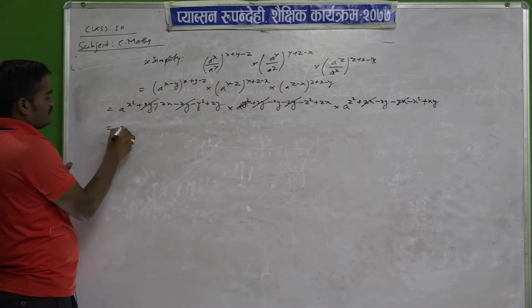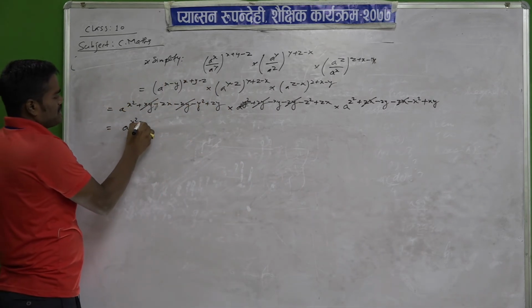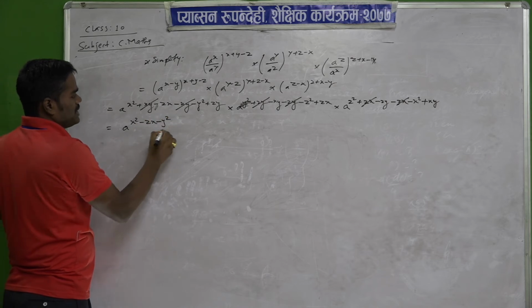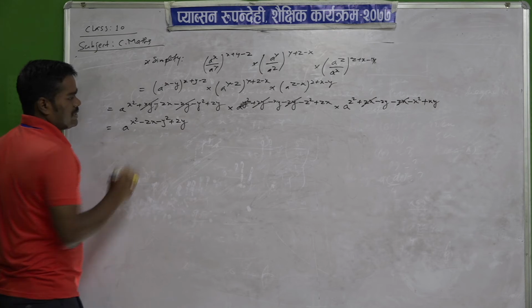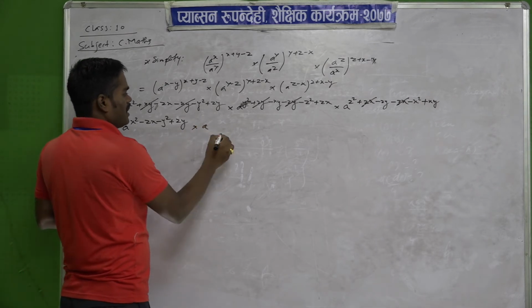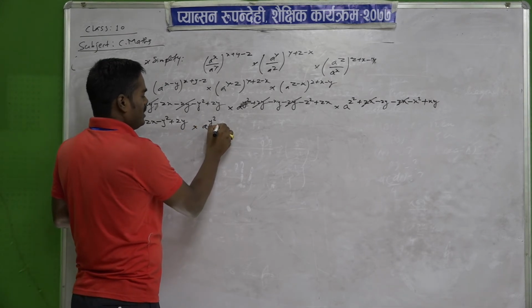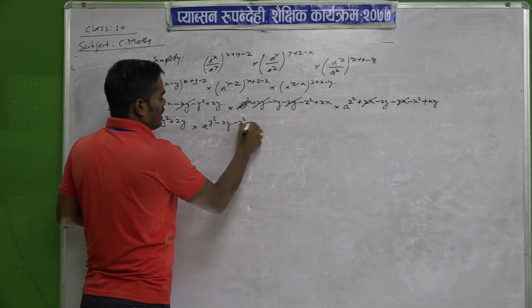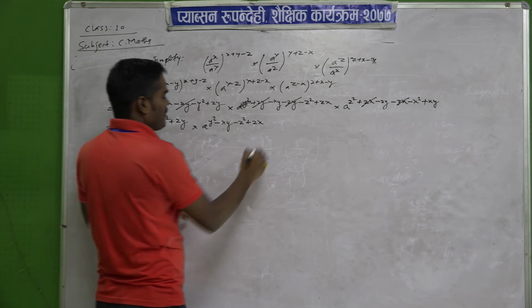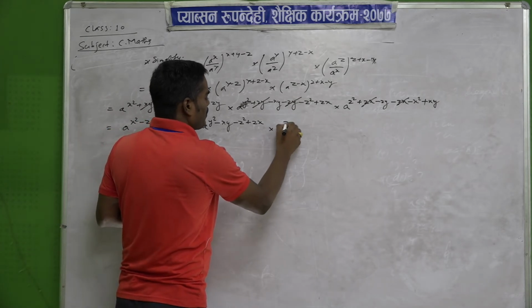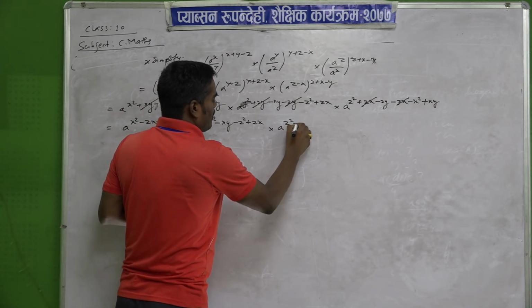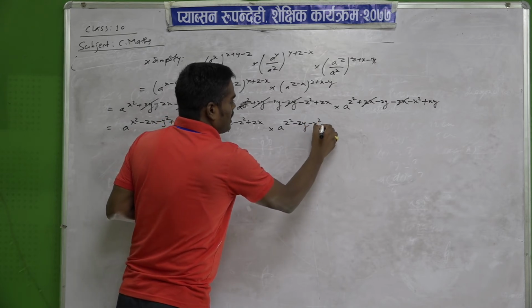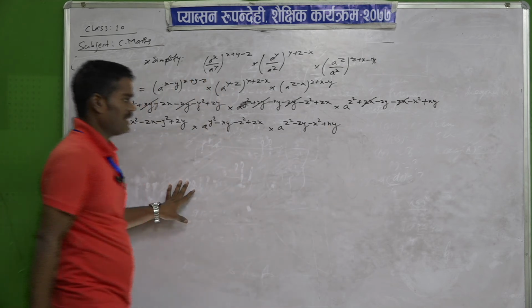Whatever is left, right now once again: a power x square minus zx minus y square plus zy, into a power y square minus xy minus z square plus zx, into a power z square minus zy minus x square plus xy.